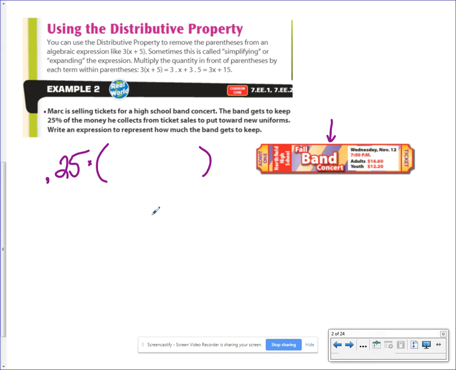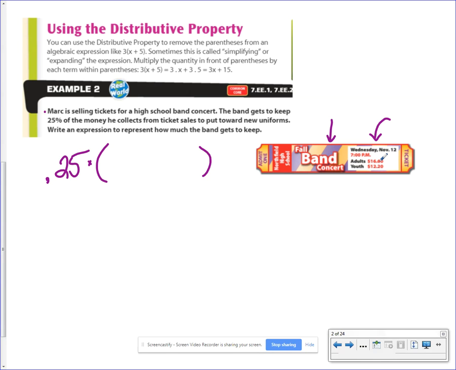Now, as I look here, there's a little bit more complexity to how much money we get from these tickets, because the adults have one price and the youth have another price. The adult tickets are $16.60.